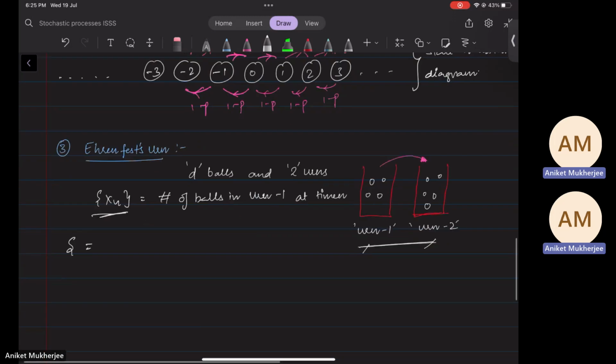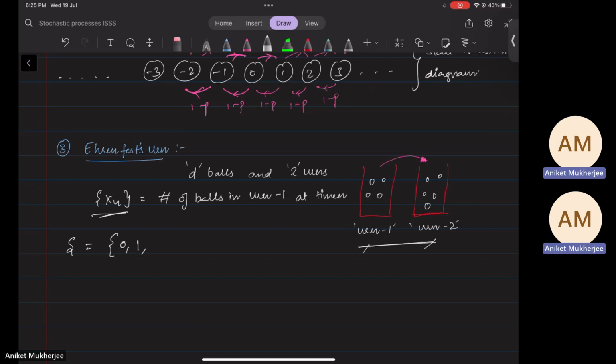For the state space, you could have no balls in urn 1, all the balls could be in urn 2. But then if all the balls are in urn 2, then with probability 1 you are picking some ball that is in urn 2. So in the next step you are putting it back to urn 1. Now you have a ball in urn 1. Now if you have a ball in urn 1, with some probability you'll pick the ball that is in urn 1, but then because you'll put it back in urn 2, it'll again go back to 0. So those probabilities are there.